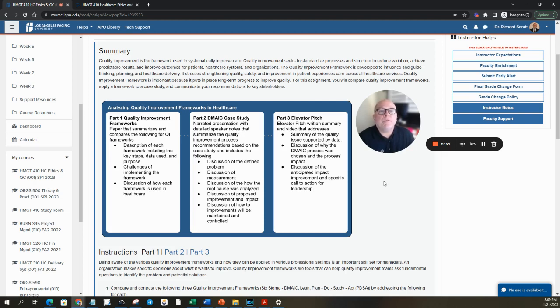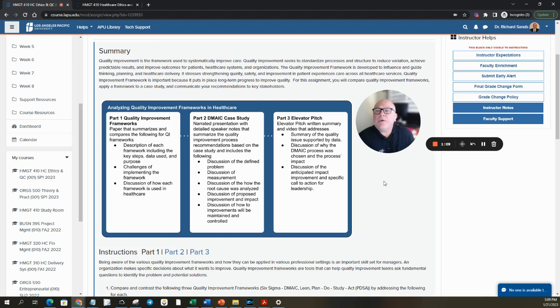The quality improvement framework is developed to influence and guide thinking, planning, and healthcare delivery. It stresses strengthening quality, safety, and improvement in patient experiences, care across all healthcare services.